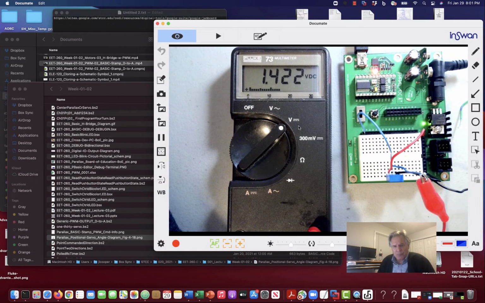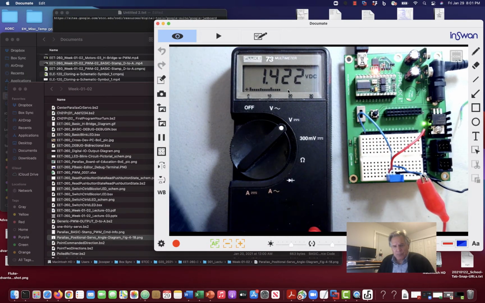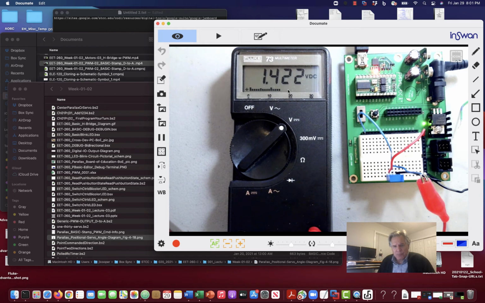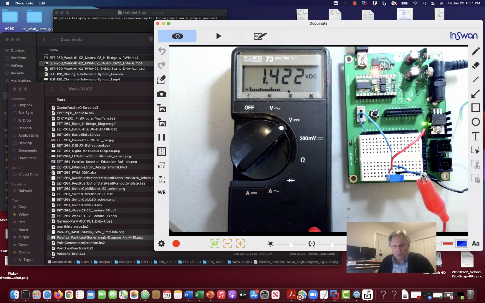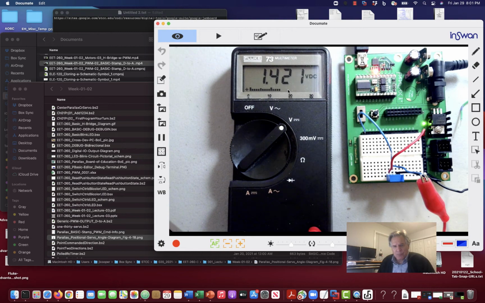Let's look at what our meter says. Our meter says 1.422 volts. I think some of the Basic Stamp exercises say 1.4 volts. It's not going to be the most accurate thing, but that was the value for input P0.